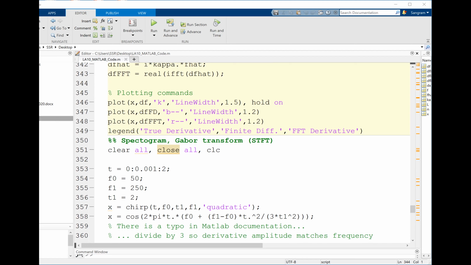So I know this is the frequency, this is the frequency, this is the frequency, but I don't know what time the frequency occurred. Or looking at this signal, I can't just say, hey, this is the frequency, or these are the frequencies in this signal. Do you agree with me?